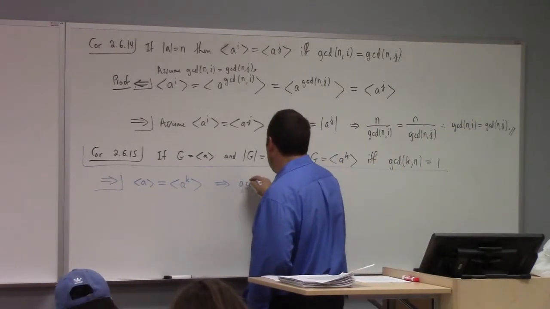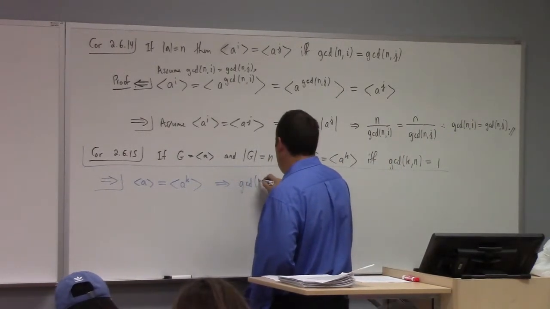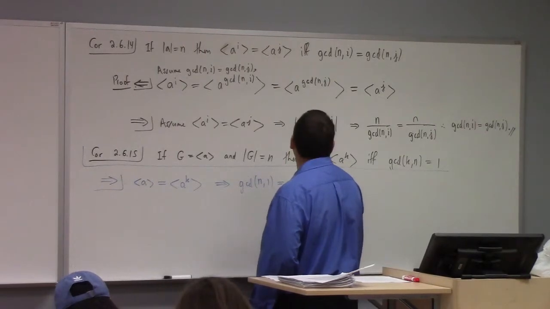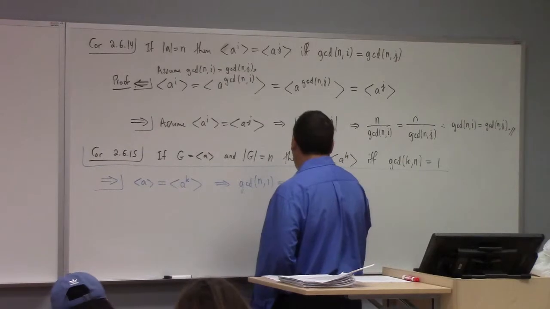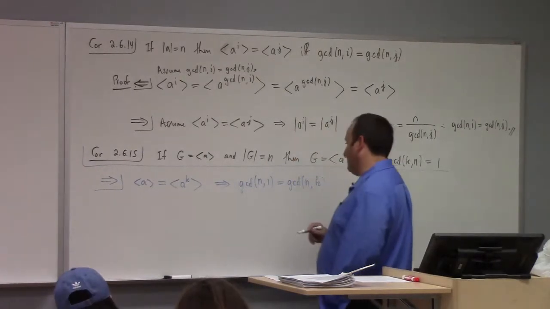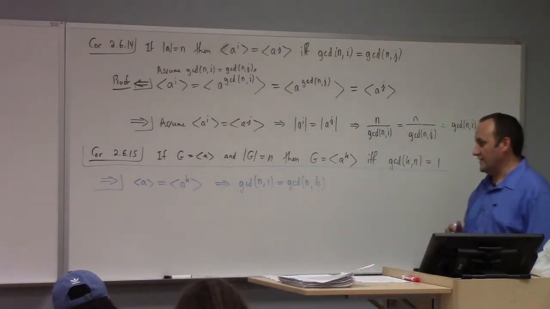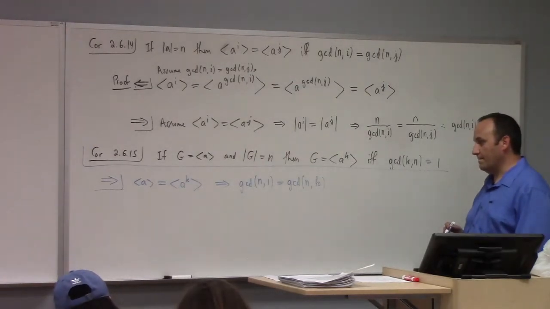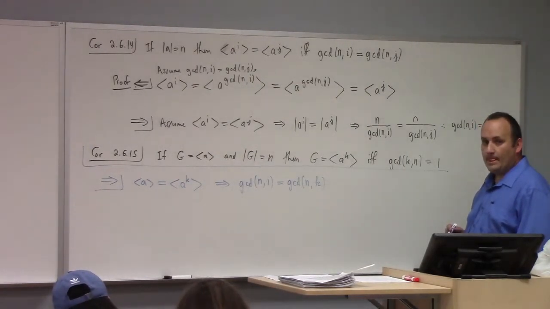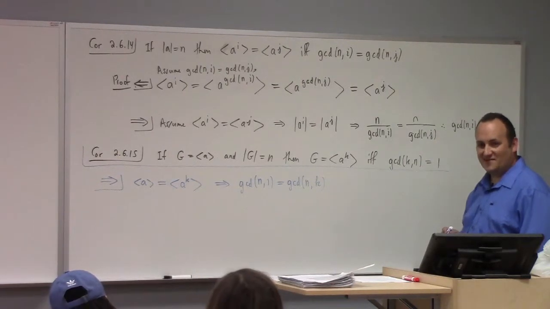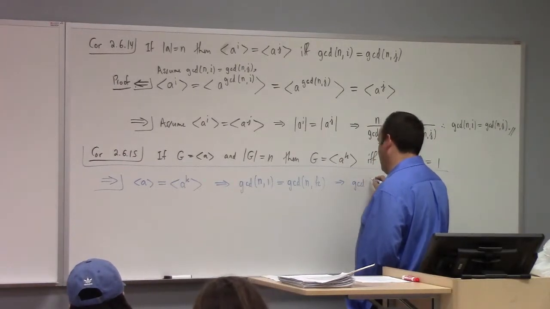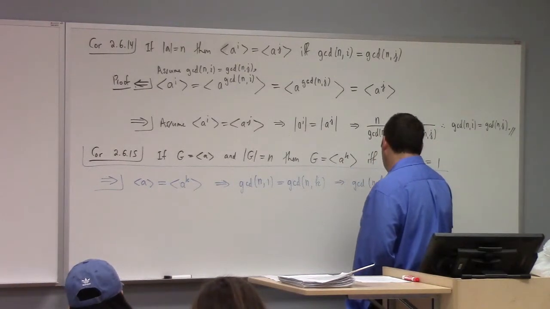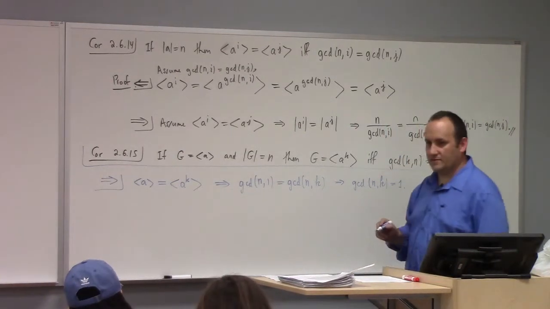The greatest common divisor of n and 1 is equal to the greatest common divisor of n and k, right? What's the greatest common divisor of n and 1? One, right? So there's that direction. How about the other direction?